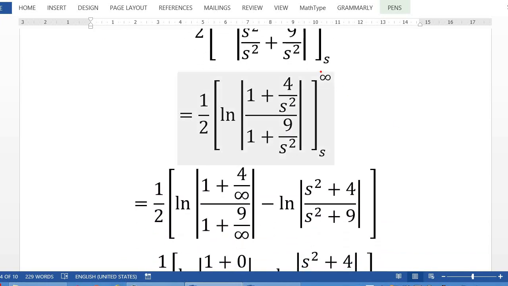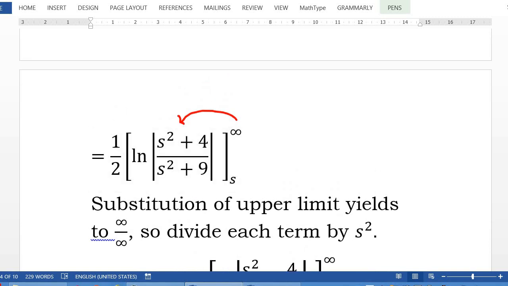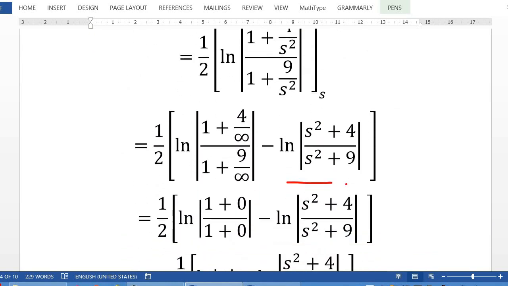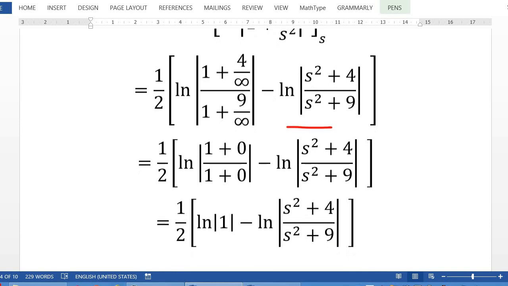Now we plug in the upper limit here, minus the substitution of the lower limit, ln (s squared plus 4) over (s squared plus 9). For the upper limit, 4 over infinity you get 0, 9 over infinity you have 0. So again you get ln 1, which is 0.